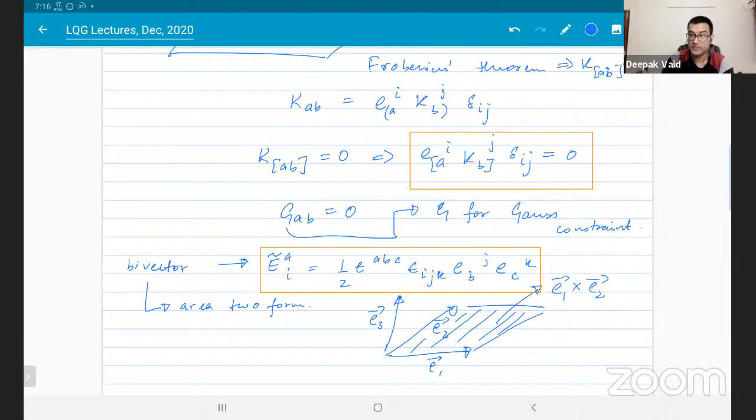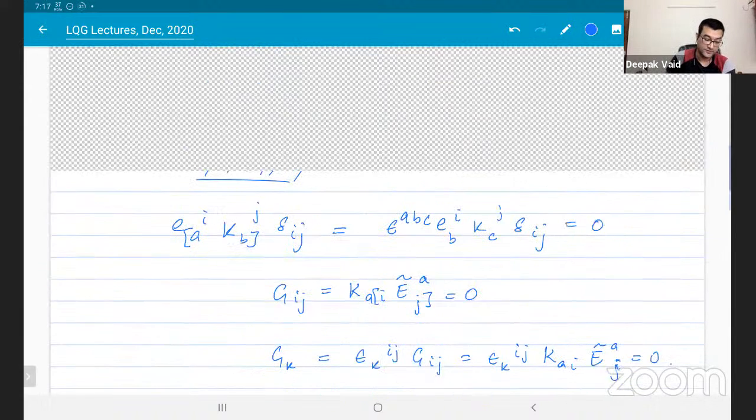This constraint was not present in the ADM formalism, using metrics, because there it is automatically satisfied by the extrinsic curvature tensor. In this case, it is not necessarily true. You have to impose it as a constraint, and this constraint will become what we call the Gauss constraint later.